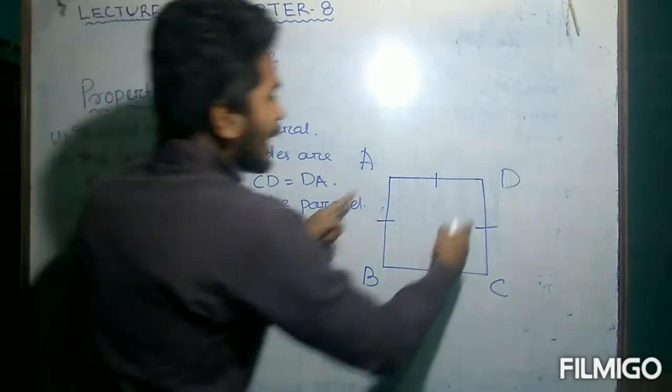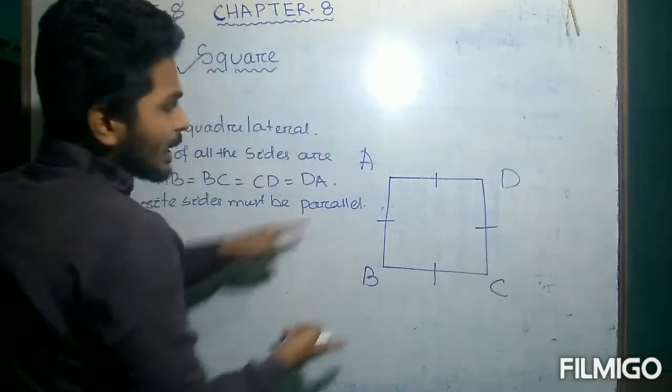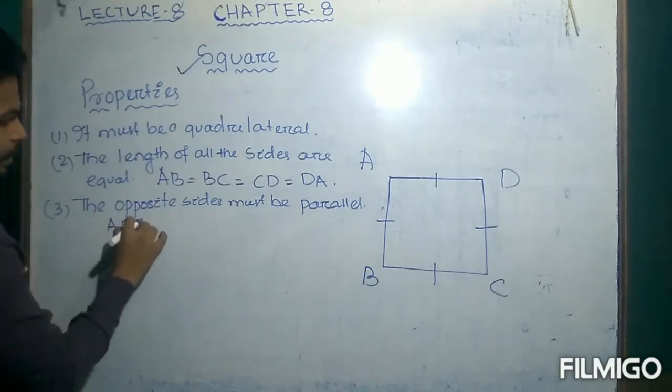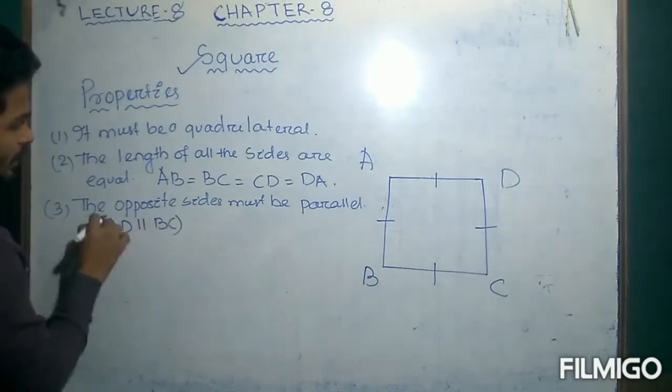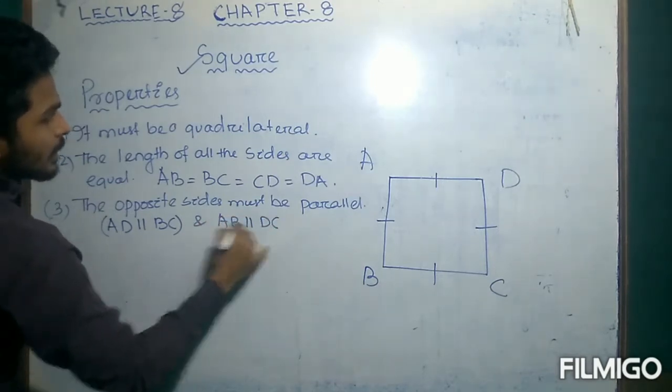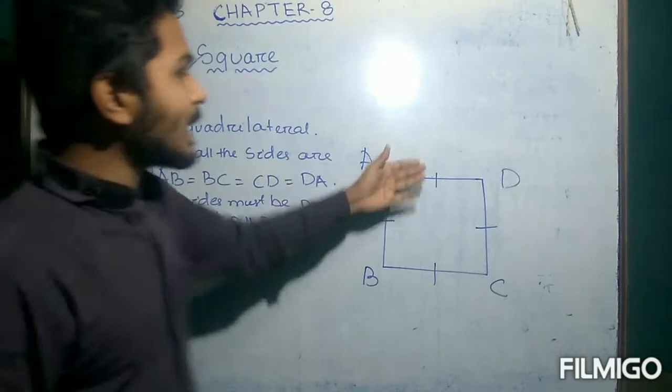It means AD is parallel to BC and AB is parallel to DC. AD parallel to BC and AB parallel to DC. So the opposite sides are parallel.